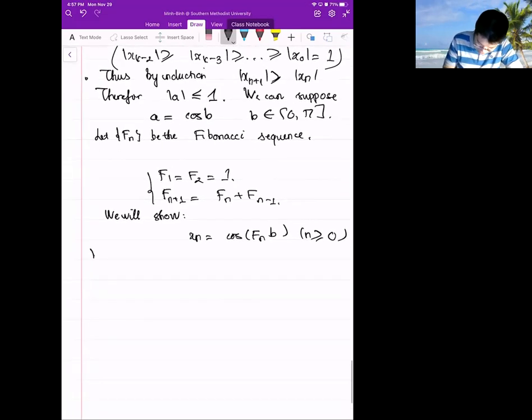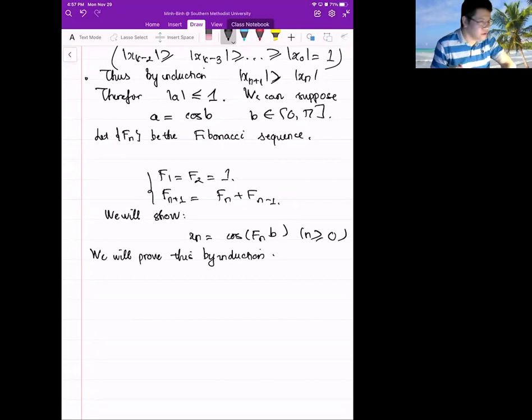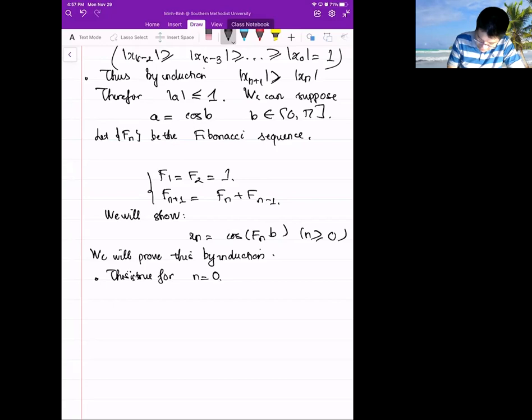So we will prove this by induction. So this is true for n equal to 0, 1, 2.